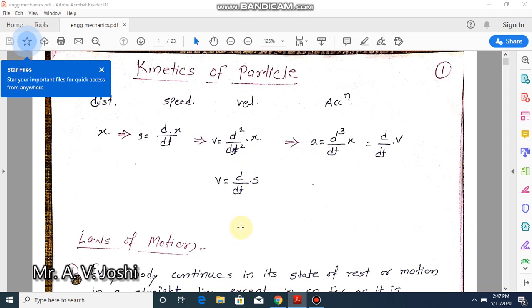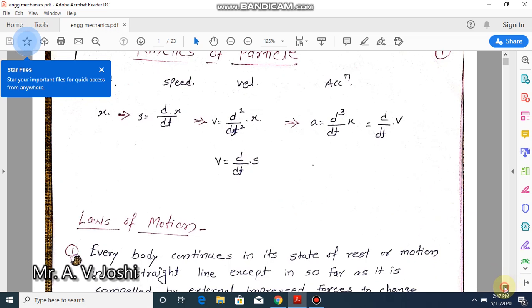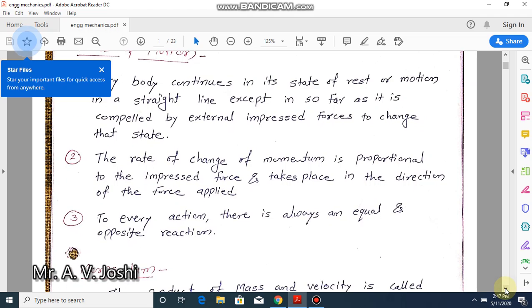So after that, laws of motion, Newton's laws of motion. First law, everybody knows this first law: every body continues in its state of rest or motion in a straight line except in so far as it is compelled by external impressed force to change that state.